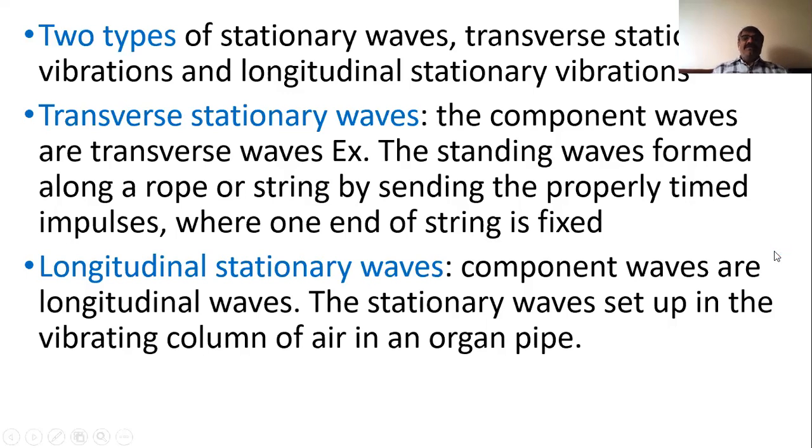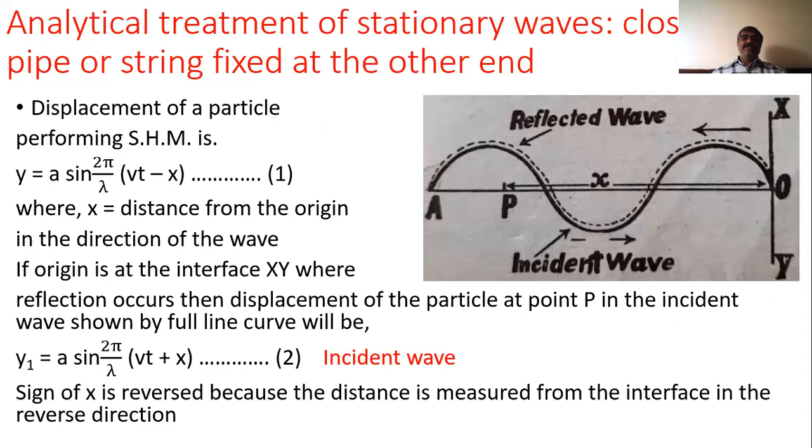So there are two types of stationary waves: longitudinal and transverse. The example of transverse stationary waves is the waves along a vibrating string, and the example of longitudinal stationary waves is the waves produced in the vibrating column of air in an organ pipe. A lot of examples of organ pipes exist, the best one being the basri, as we call it in Marathi. So these are the two types of stationary waves.